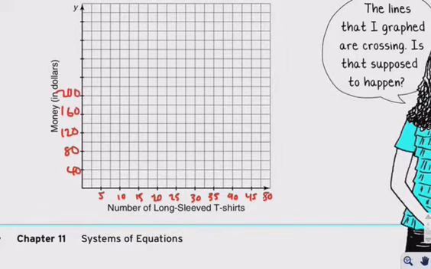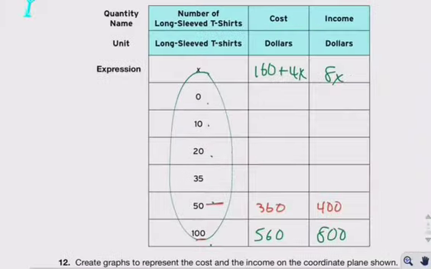This is the graph. Okay. So you graph your first coordinate, which was 0, 160.